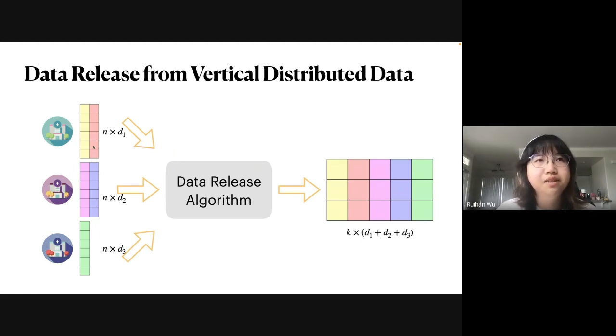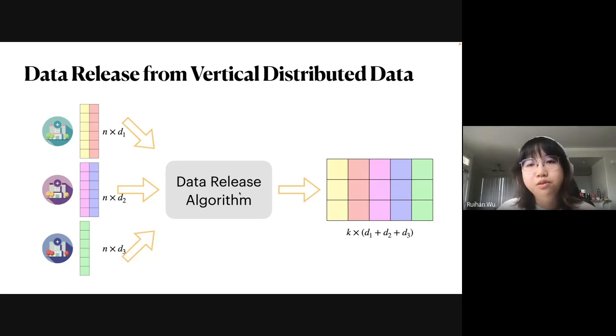Initially, parties have aligned data points. Aligned means that the first row we know is from Alice, and the second is from Bob, and so on, but they have different attributes of them. Then the data release algorithm will take control of first the local computation, how they process their own data, and second, the communications between the parties.